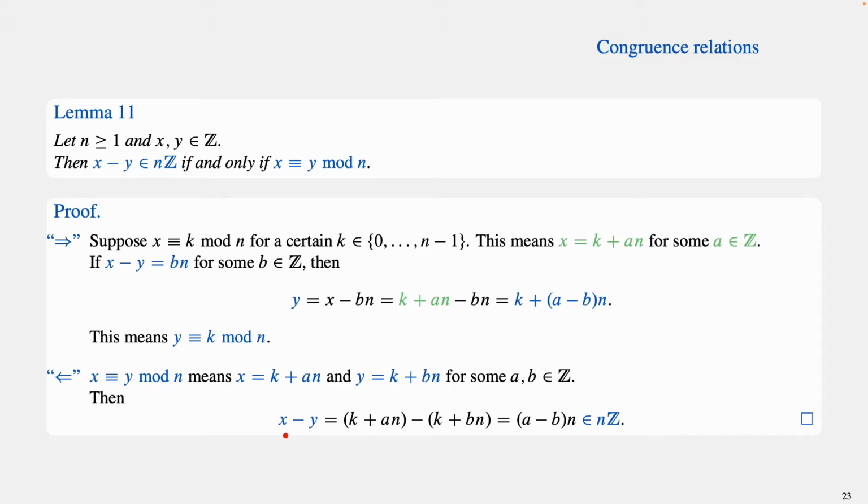Then we look at their difference. x minus y is k plus an minus (k plus bn), so we just plug in these expressions here for x and y. And well, these two k's here, they just cancel out because this one has a negative sign. So what we're left with is (a minus b) times n, and that is a multiple of n. So we've proven the other direction as well, and we have thereby shown this equivalence here.